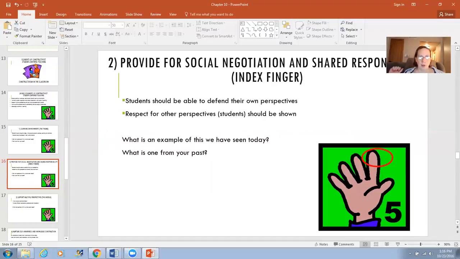But moving on, 2, to provide for social negotiation and shared responsibilities. And this is your index in our high 5. Students should be able to defend their own perspectives. It is basically saying that everybody has a right to their perspective. So not saying, oh no, Tony, you can't think like that. I'm not judging you based on color.